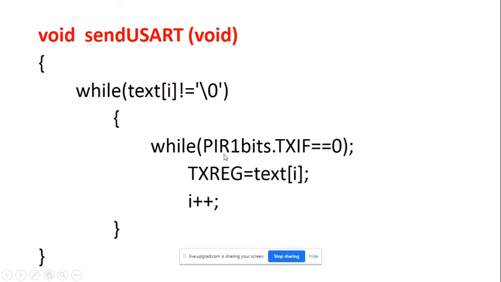Now first we write while PIR1 bits TXIF equals 0, where PIR1 is peripheral interrupt register 1. It means the first character is not yet transmitted. When the first character is fully out, you come out of the loop, and the TX register handles the next character i. Whatever message you type, it will take the next i.